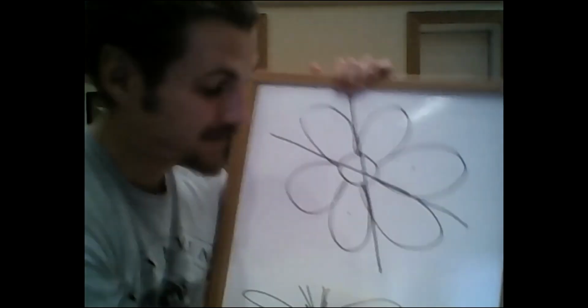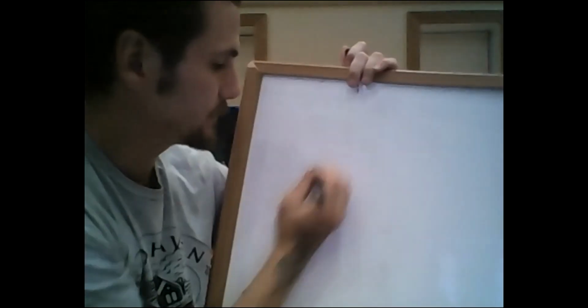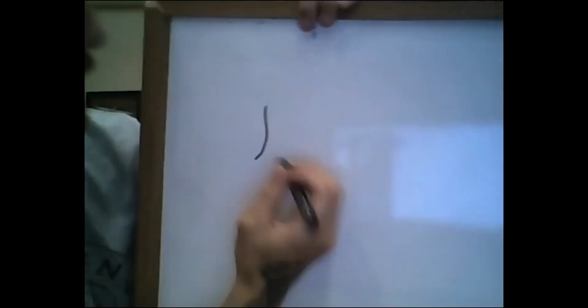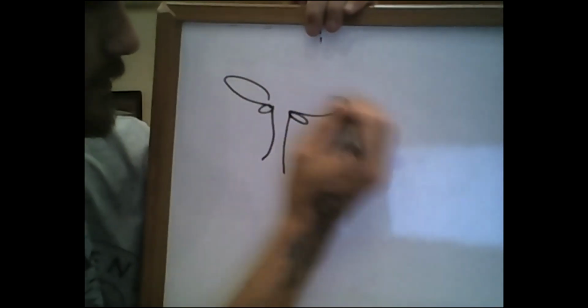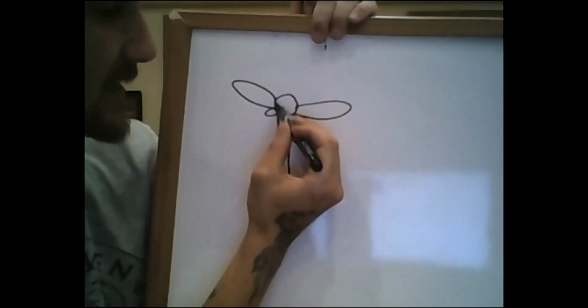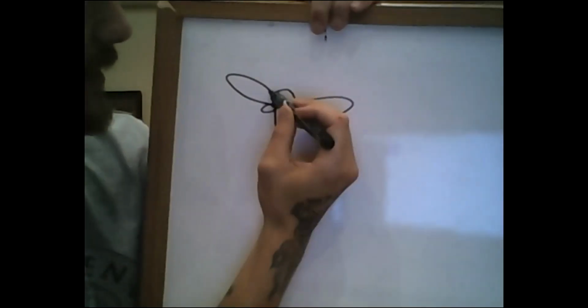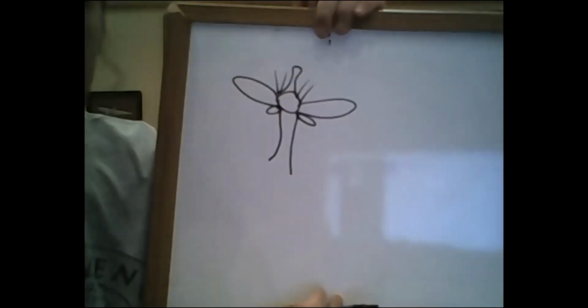Again, depending on the species, the base of the flower could be in a different place. So you could have a flower comes up, and maybe the ovary is right here. It's actually inside the flower. And then, you'll have the pistil coming up and the stamens coming up like that.